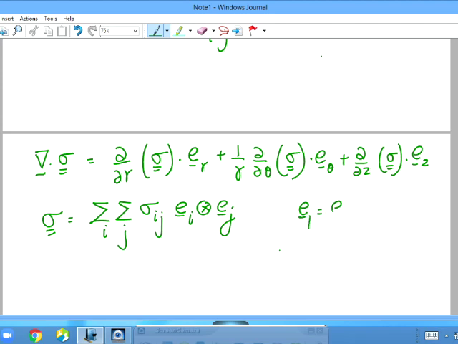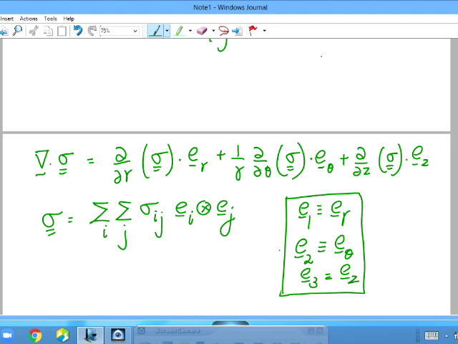So e1, for example, is er, e2 is e theta, and e3 is ez. Then when you take the derivative with respect to r, theta and z, you have to remember that the basis vectors here, e1, e2, e3, which are along er, e theta, ez, are also changing when you change your theta coordinate, right?